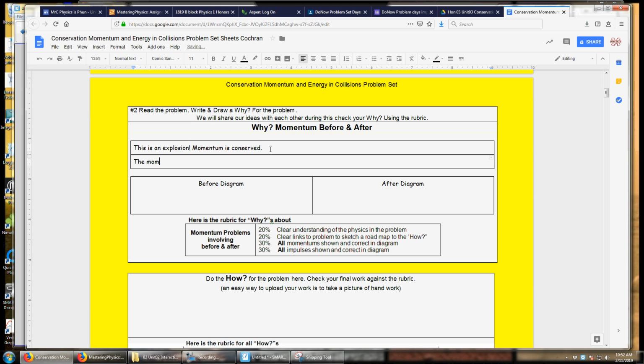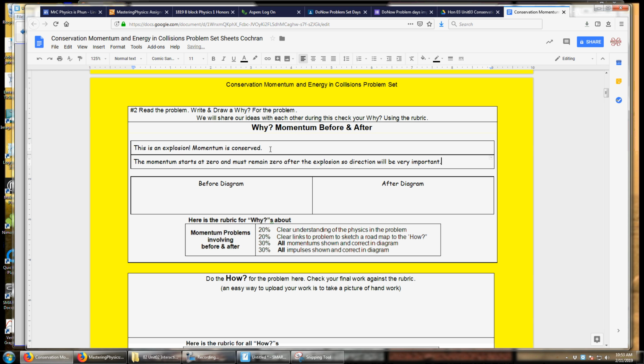The momentum starts at 0 and must remain 0 after the explosion, so direction will be very important.